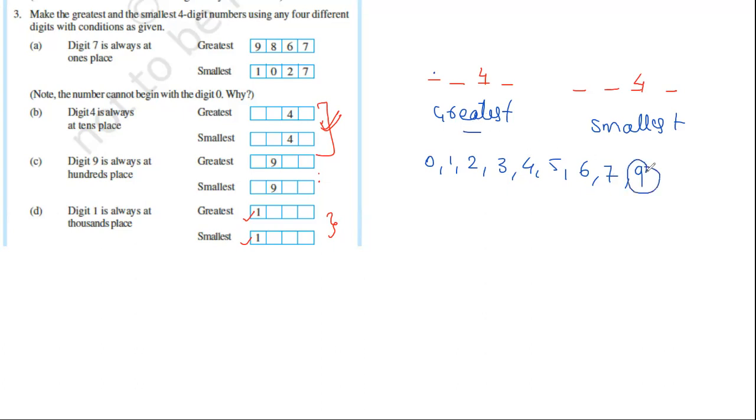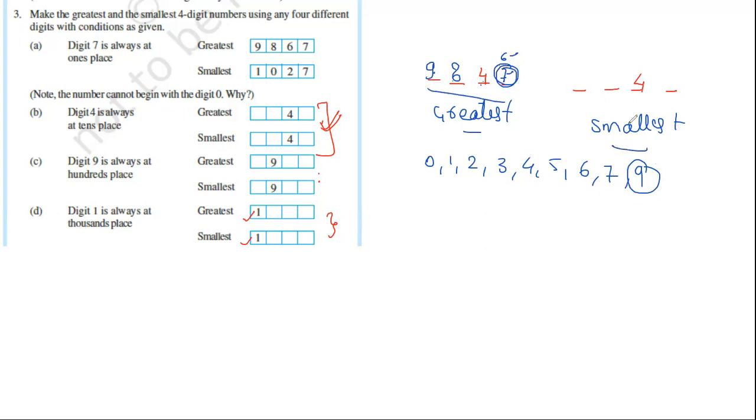So I'll pick the greatest available number and then I'll write it in decreasing order, right? But suppose if it is 9840, and if I write 9846, this one will be smaller than this. So I'll write the greatest available number.